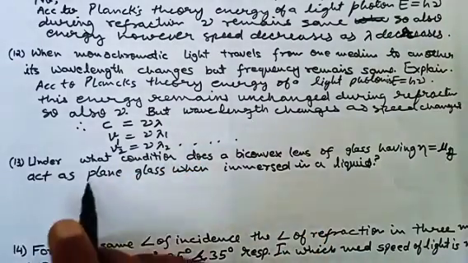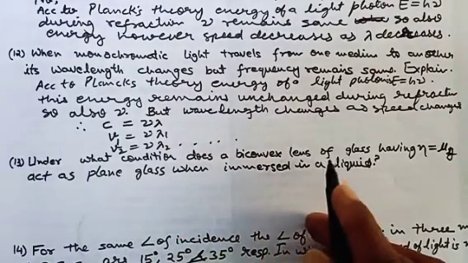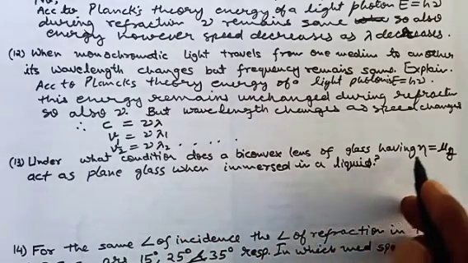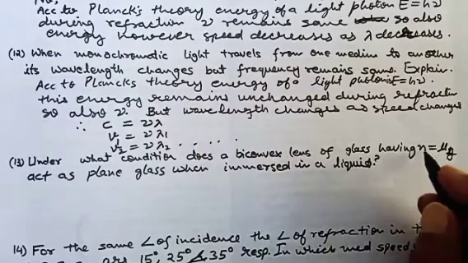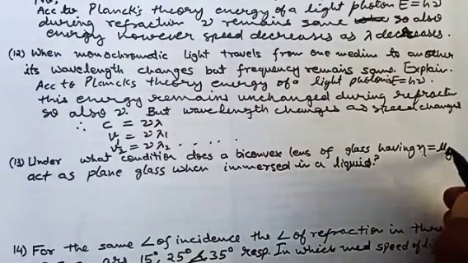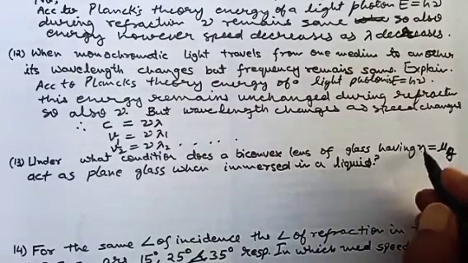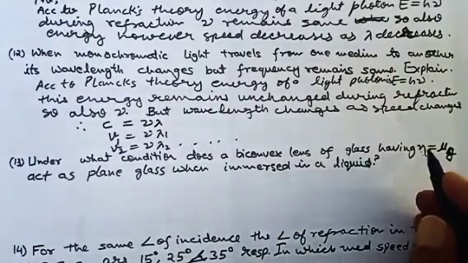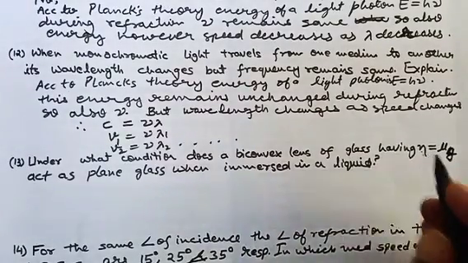Next, under what condition does a biconvex lens of glass having refractive index mu g act as plain glass when immersed in the liquid? They have given this. Actually, this eta you can read as refractive index equal to mu g.